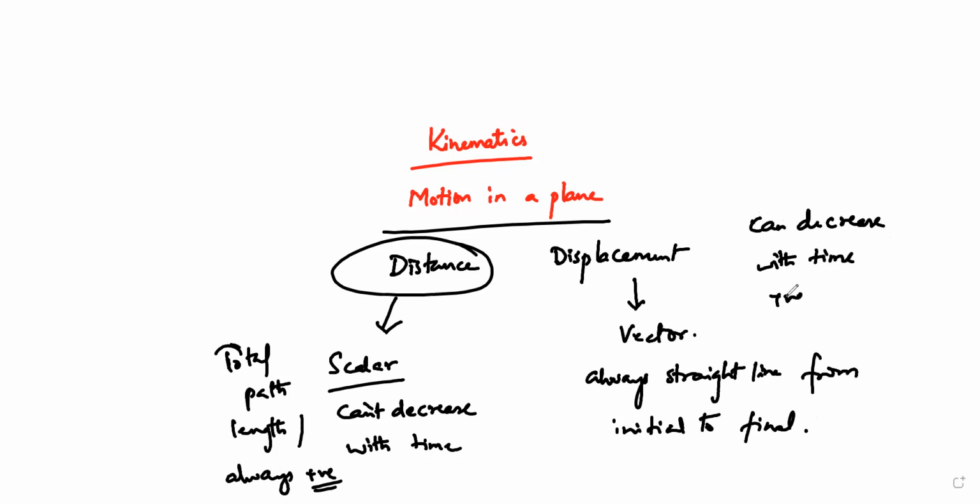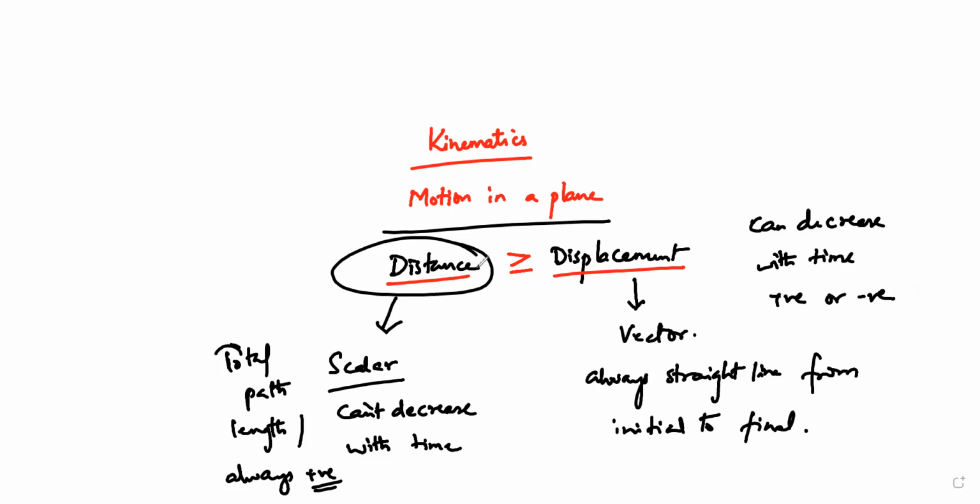Also, it can be either positive or negative. And please note down that distance is always greater than or equal to displacement. Okay, that is in brief about distance and displacement.